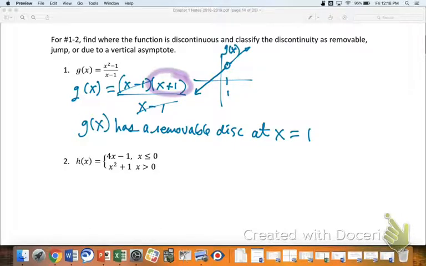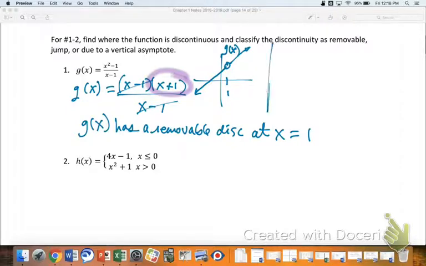If I wanted to, I could say, you know what? I would like this graph to be continuous. I'd like to get rid of that discontinuity. So I am going to redefine another function just like this one, but I'll do it piecewise and fill up that hole.